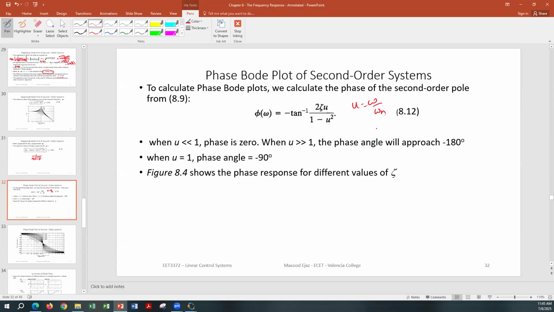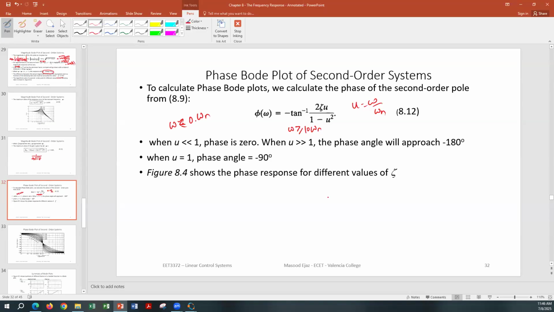Approximation: when u is quite smaller than 1, phase is 0. Again, you can do the same thing. If omega is less than or equal to 0.1 omega n, phase is 0. And when u becomes quite larger than 1, when omega becomes greater than or equal to omega n, the phase angle will approach negative 180 degrees.